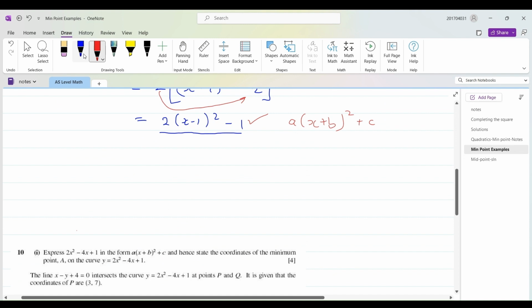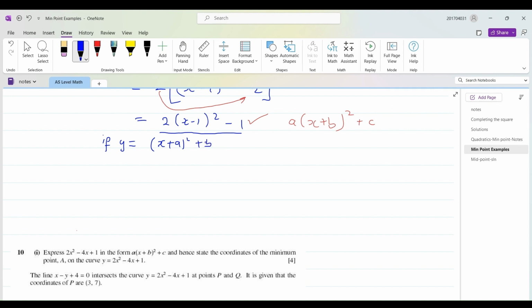In order to know the minimum point of the curve, or the turning point, we need to know this fact: if y is equal to (x plus a) squared plus b, then the coordinates of the minimum point are (negative a, b).